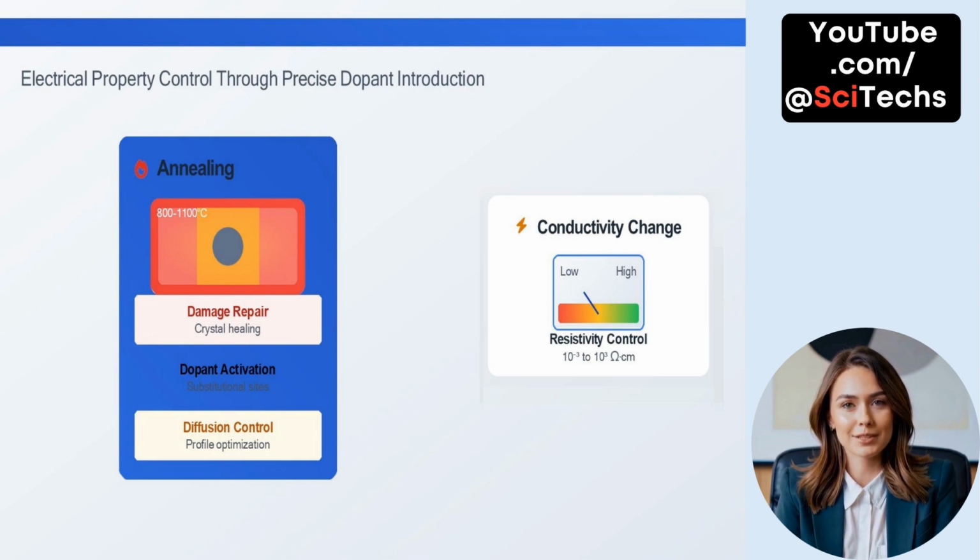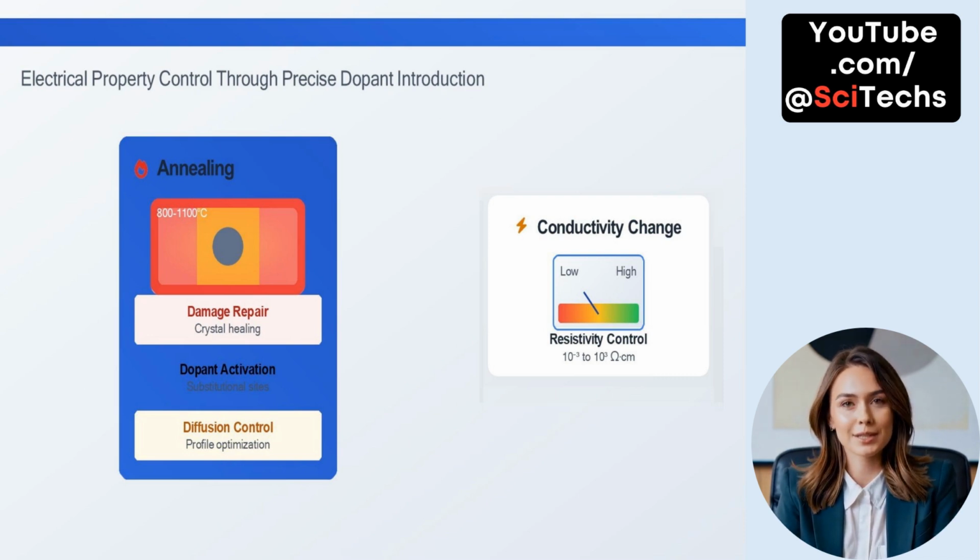First, it repairs implantation-induced crystal damage, restoring the silicon lattice structure through thermal healing. Second, it activates dopants by moving them into substitutional sites within the crystal lattice, enabling them to contribute to electrical conductivity. Third, it helps control dopant diffusion, optimizing the depth and sharpness of dopant profiles for precise device performance.